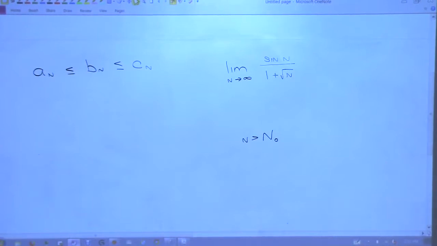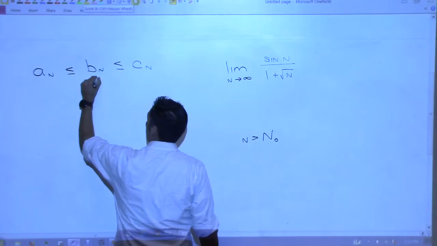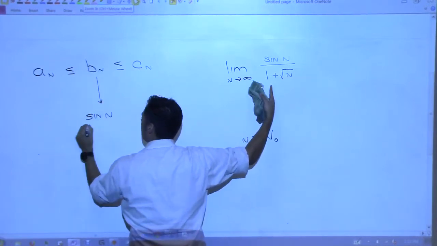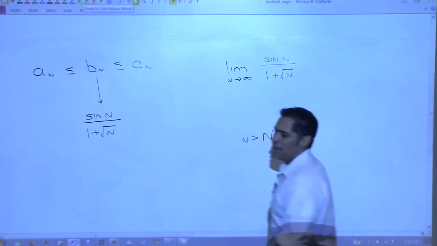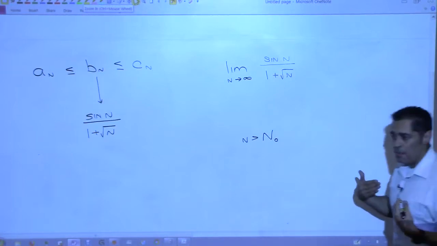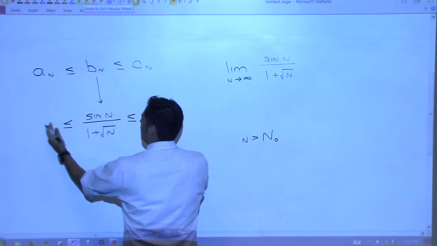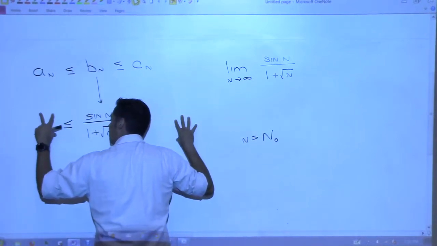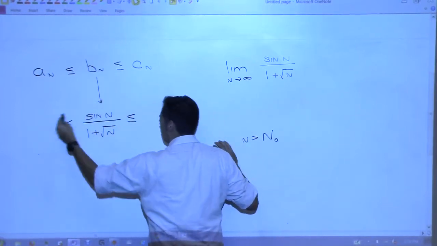All right, so here we go. The thing that I really want to squeeze down is the sequence that I don't know what it does. I think I know what it does, but that's the one that I want to pinch in between two sequences. So it's my task, your task, to come up with two sequences where this one has to be less than this one, and this one has to be less than this one.